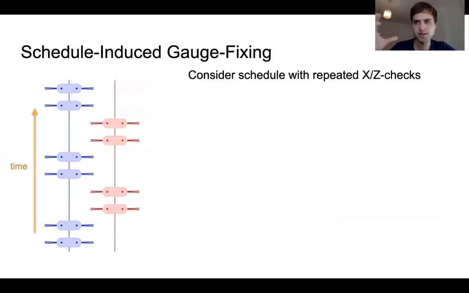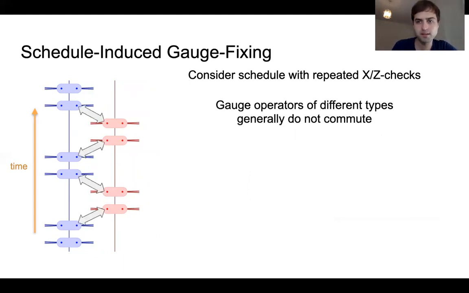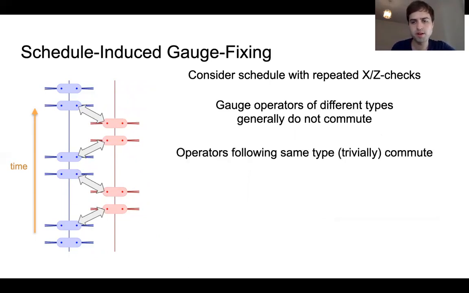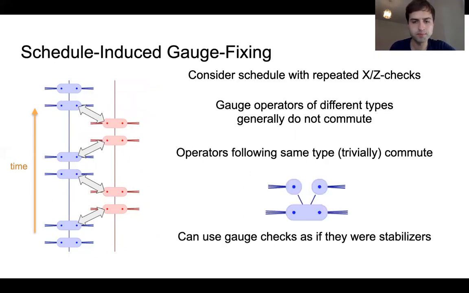However, we can collect measurements together into groups of commuting measurements. So let's say we repeat some of the X checks or Z checks. Well, the gauge operators of the different types generally don't commute. But operators of the same type do trivially commute.